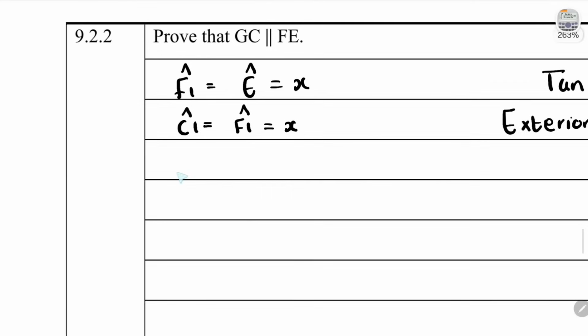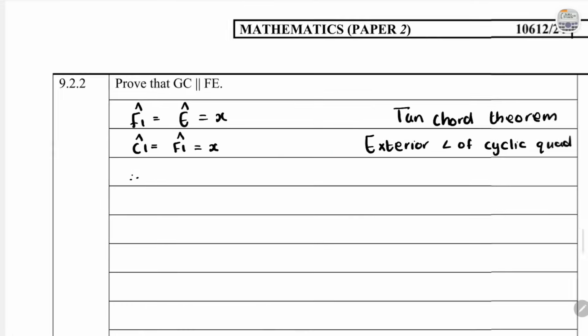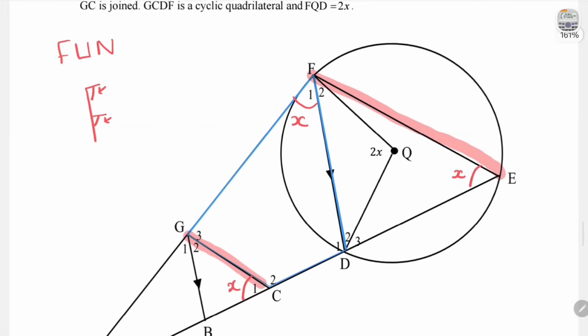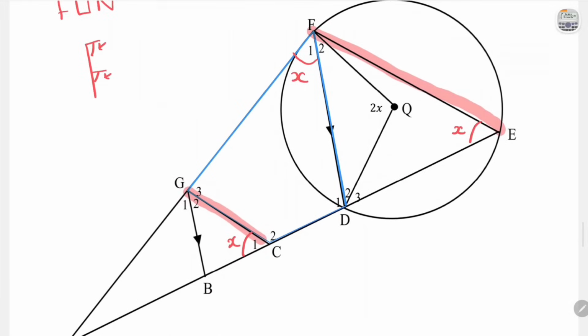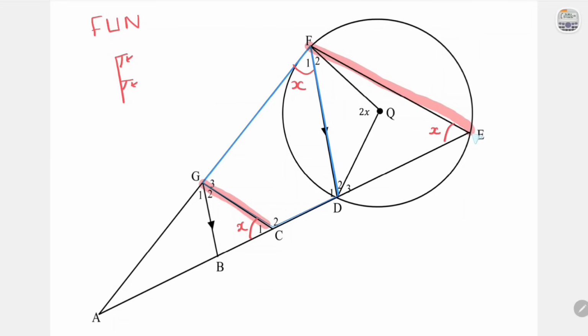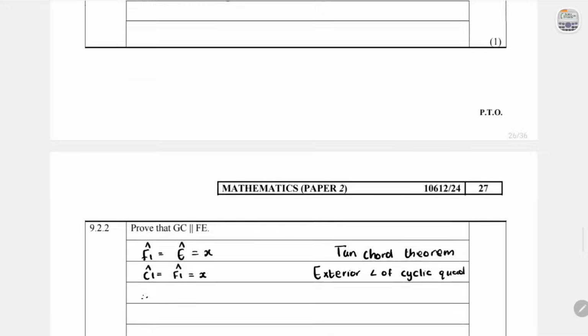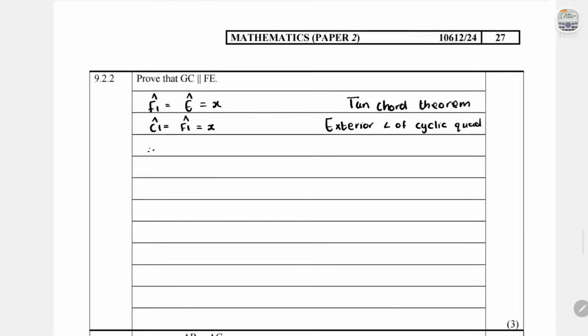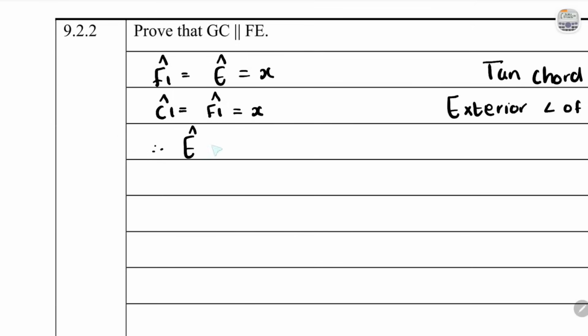Okay, and because of that, that proves what we were trying to show them: that angle E is equal to angle C1, because this forms corresponding angles. There we go. Okay, so that would conclude that those two lines are indeed parallel. So we can tell them that angle E is actually equal to angle C1.